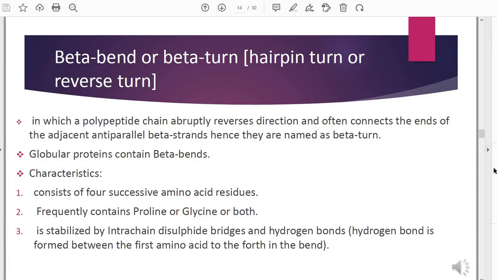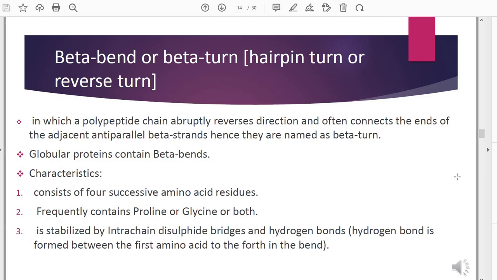Here is the beta bend, or the beta turn, or the hairpin turn, or the reverse turn. I explained it in the previous figure. It's when the polypeptide chain abruptly reverses its direction and connects the ends of adjacent anti-parallel beta strands.